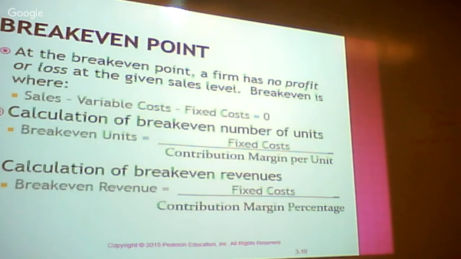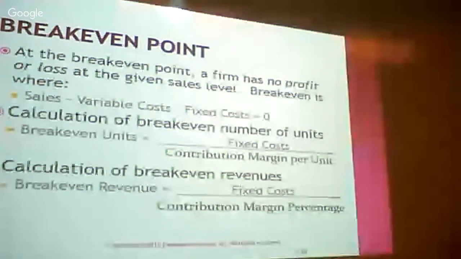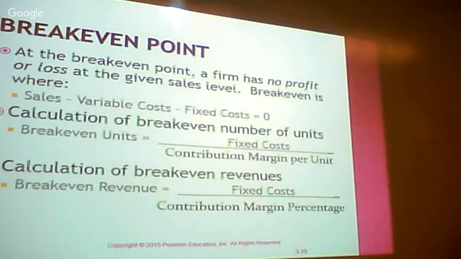The other way to do this is, if my break-even in units is 250, and my sales price is $10, another way to say it is 250 times 10 equals 2,500.